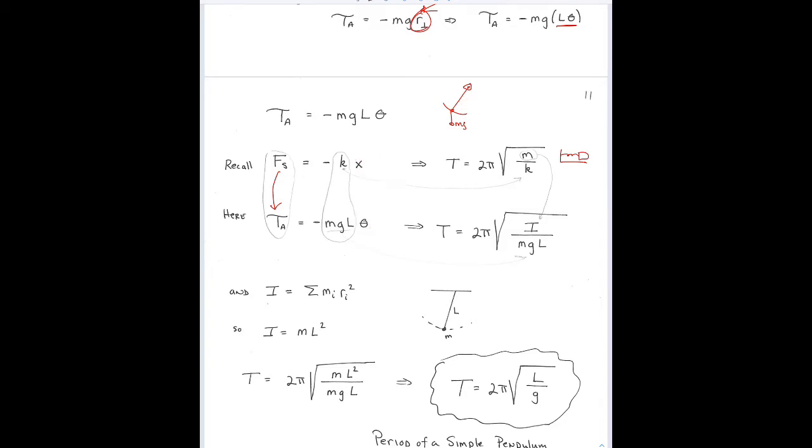So position looks like it turned into angular position, and then instead of having the spring constant k, we have this stuff sitting here. So let's see how we can use that. So here's the period that we came up with before for the mass on a spring. So this k here was that. Well, maybe the stuff that's on the bottom is that stuff right there. So that's the connection we're making.